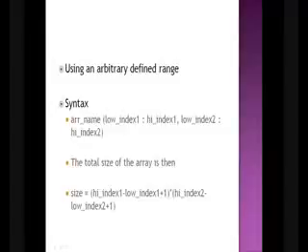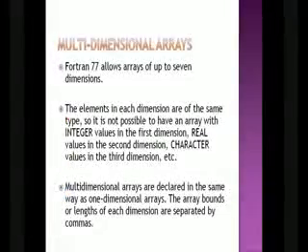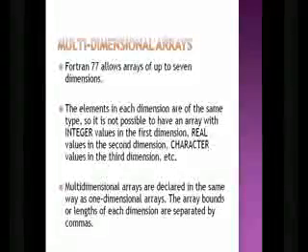If we are using arbitrary indexing for a two-dimensional array, we have to specify starting and ending indexes for both rows and columns. The syntax to be followed is as shown in the slide. Fortran 77 only supports multi-dimensional arrays up to 7 dimensions.